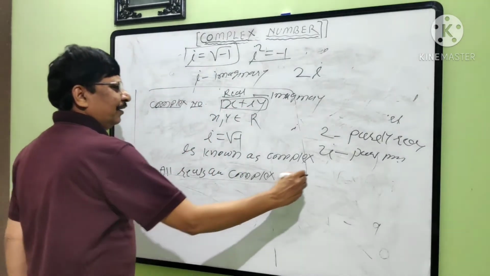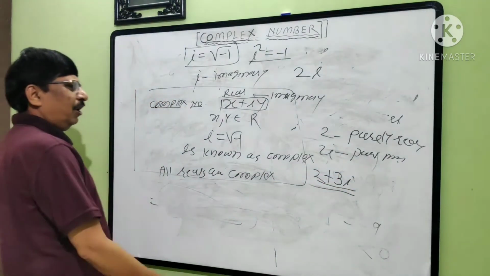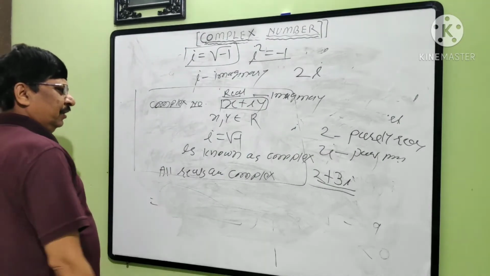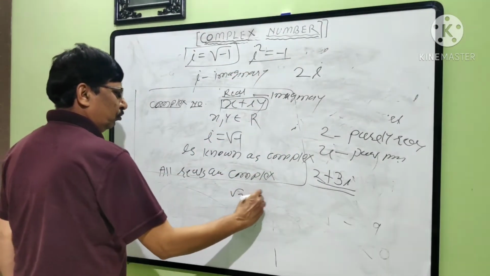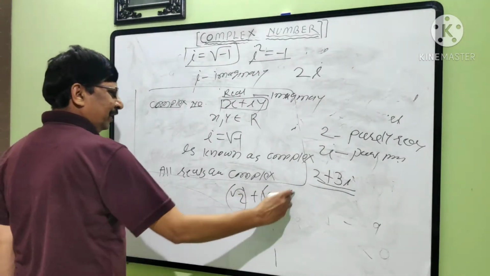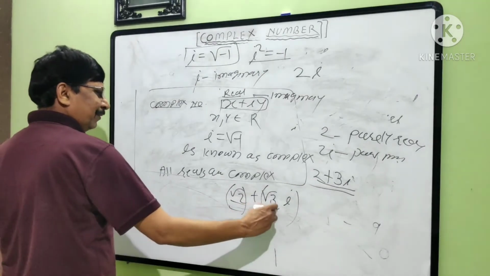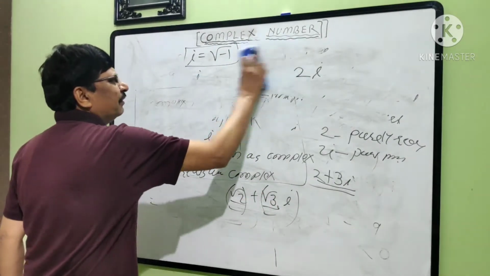Now this type of number is a complex number, where 2 and 3 are real, or 2 root 2 plus root 3 into i. Real part, imaginary part, real numbers. i means under root of minus 1. Okay, that is the important thing.